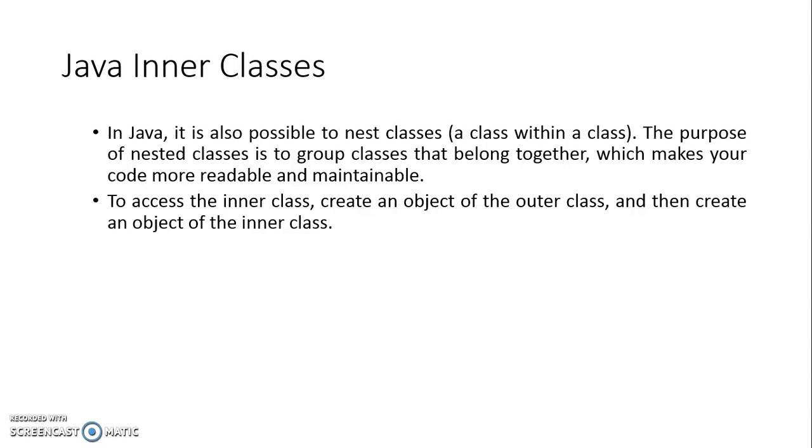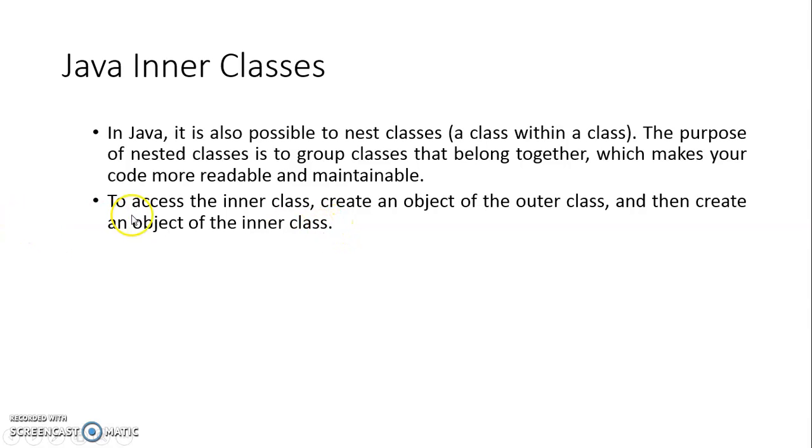Now we will see another point, that is Java inner classes. In Java, it is possible to nest a class. Now nesting of classes is similar to nesting of loops, a class within a class. The purpose of nested classes is to group classes that belong together, which makes your code more readable and maintainable. To access the inner class, create an object of the outer class and then an object of the inner class.